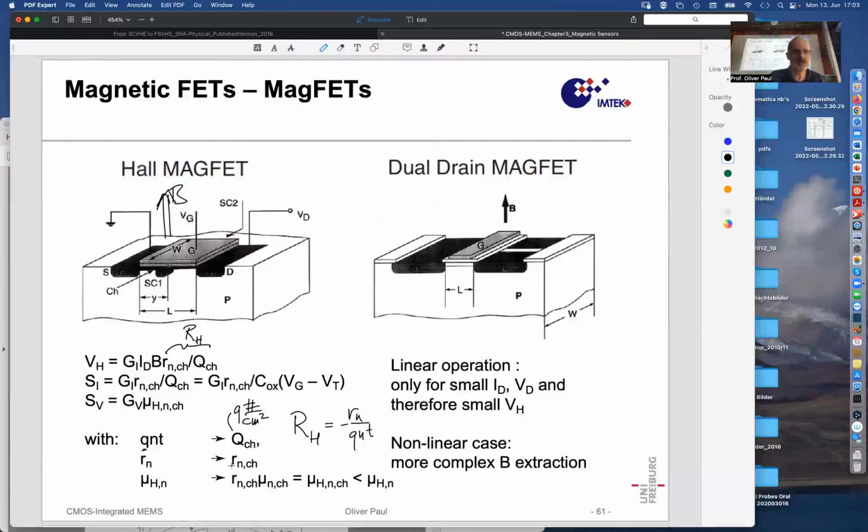So there is this thermodynamic factor, there is this conductivity parameter mu, and usually it is smaller than mu h, the normal majority carrier mu h. Yeah? So it's not such a great idea to do these field effect transistor based magnetic sensors, because they are worse than just diffusion based devices.